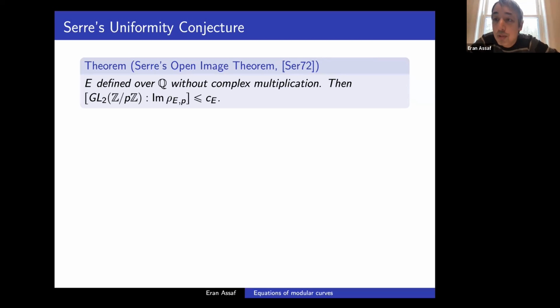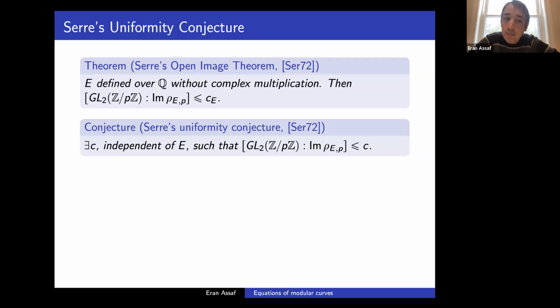I will now state some results which are stated in terms of a prime P, but you can interchange the results between primes and arbitrary positive integers, basically using the Chinese remainder theorem. So this open image theorem led to a question which is now known as Serre's uniformity conjecture. Maybe I will explain a little more.